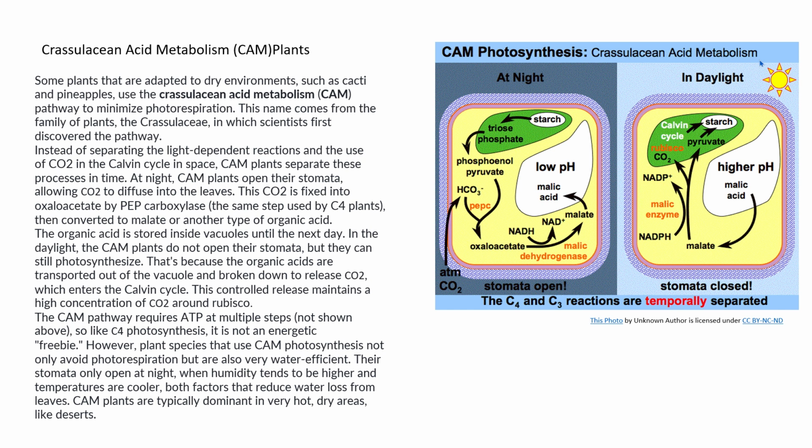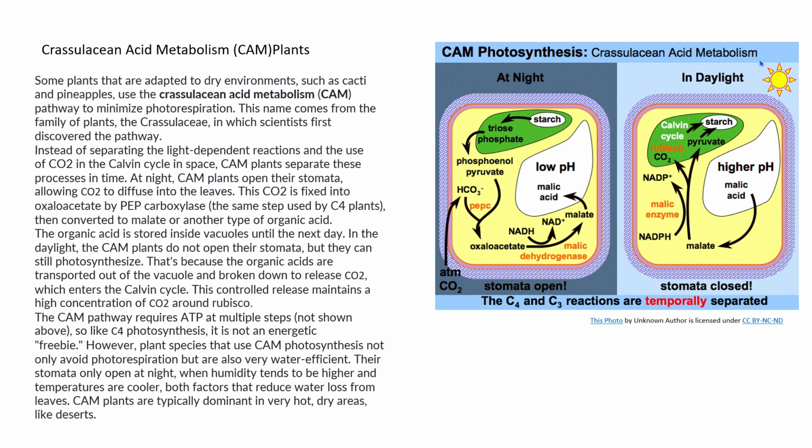So as in the diagram we can say that it starts from triphosphate to phosphoenol pyruvate PEP, then to HCO3, then to oxaloacetate. Then the whole process of the C4 and C3 are temporarily separated in CAM plants.